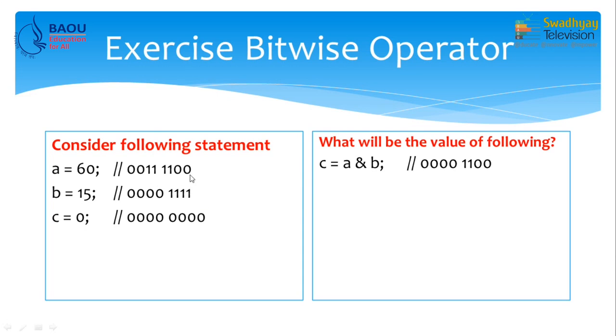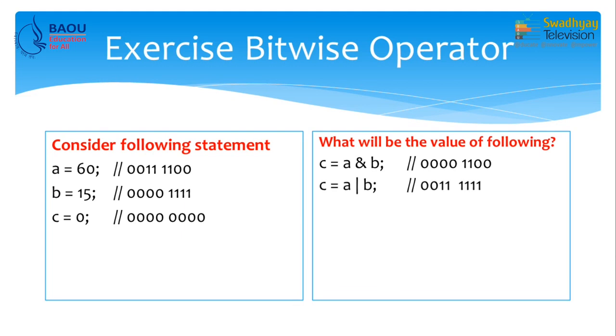So, 0 and 1 will result in 0, then 0 and 1 again result in 0, but the next two 1 and 1 are matching, so it will be again 1 1, and all the rest, 1 0, 1 0, 0 0 and 0 0, will result in 0 0. So, we have the answer which is shown in the comment.